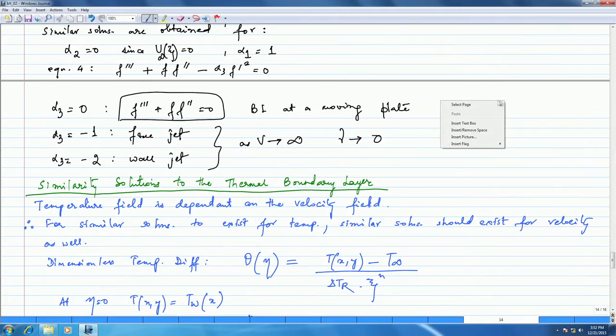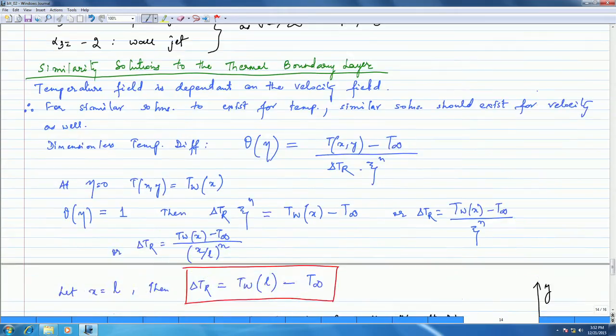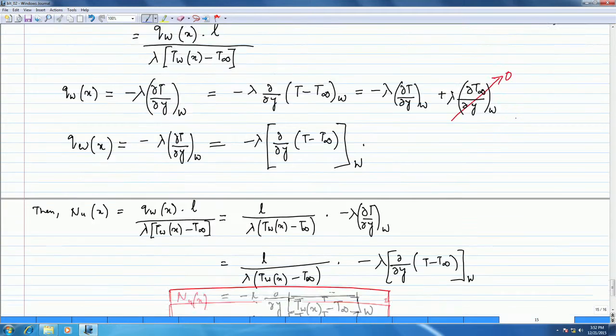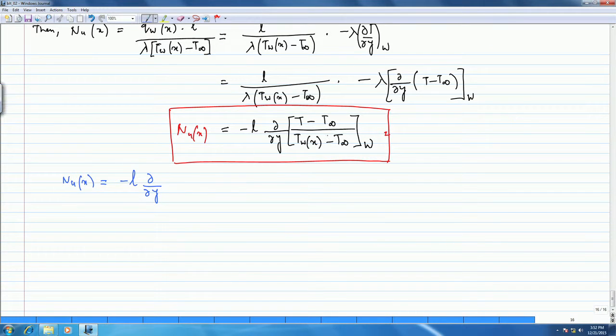So what we have here in this expression is just that. It is nothing but theta at the wall. If that is true, then I can write this as minus del theta at the wall, del eta, del eta del y.